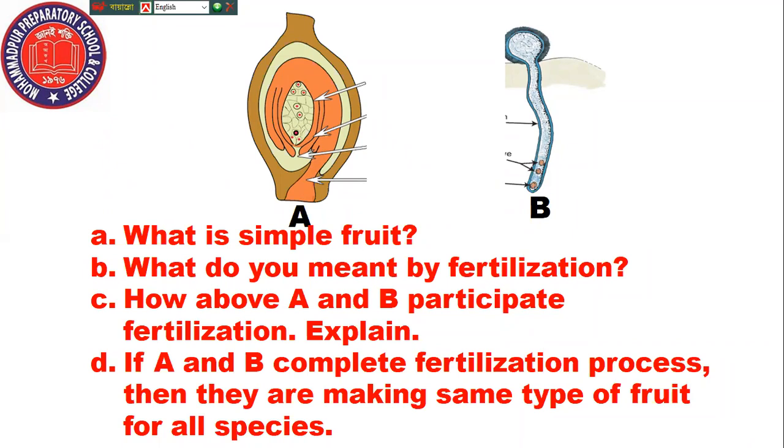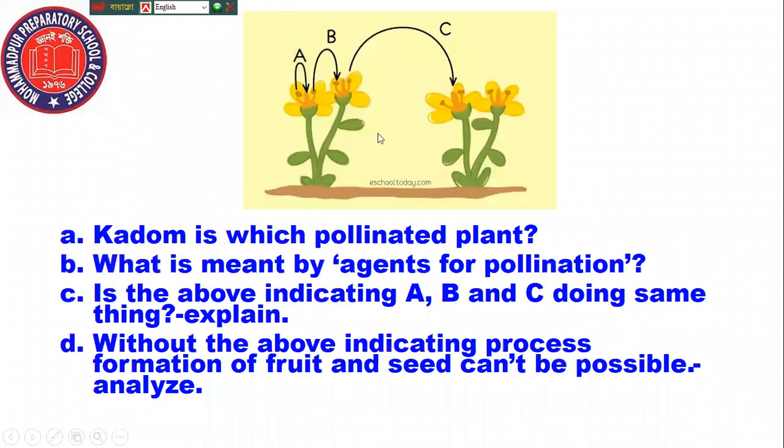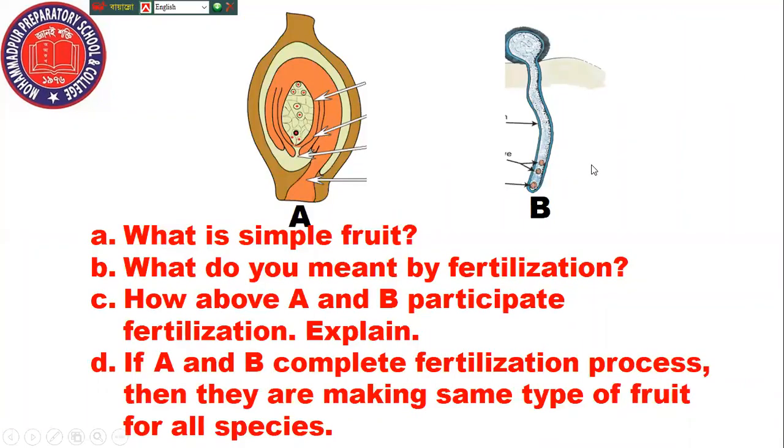B indicates a pollen creating a pollen tube for pollination, for fertilization after pollination.